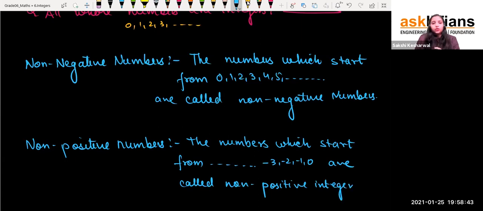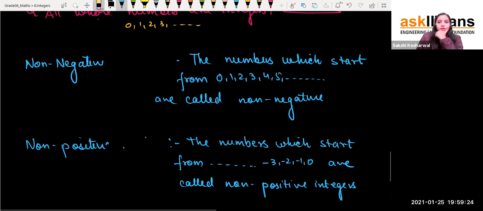Don't go for numbers, because numbers is a very big spectrum. Better you go on integers. Instead of writing numbers, use the word integer. That will be better.